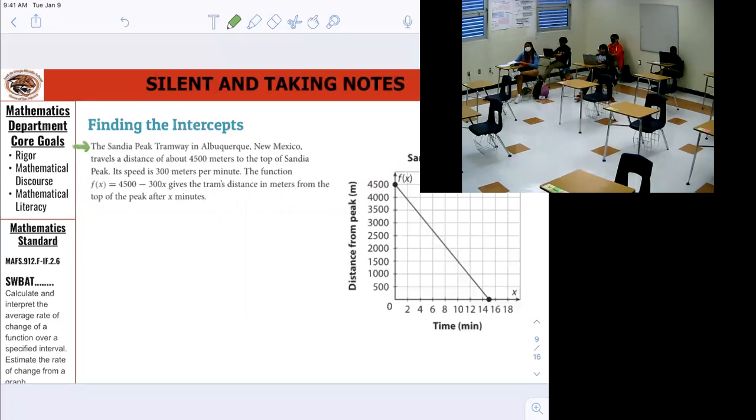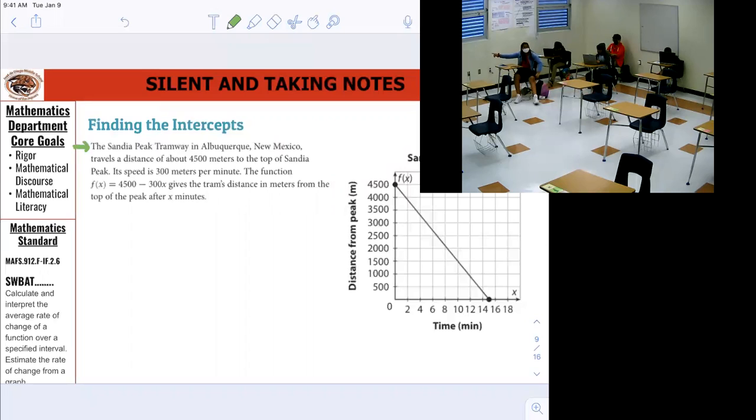The Sandia Peak Tramway in Albuquerque. Nice. It's a city in New Mexico. Albuquerque in New Mexico travels a distance of about 4,500 meters to the top of Sandia Peak. Its speed is 300 meters per minute. The function f(x) = 4,500 minus 300x gives the tram's distance in meters from the top of the peak after x minutes.